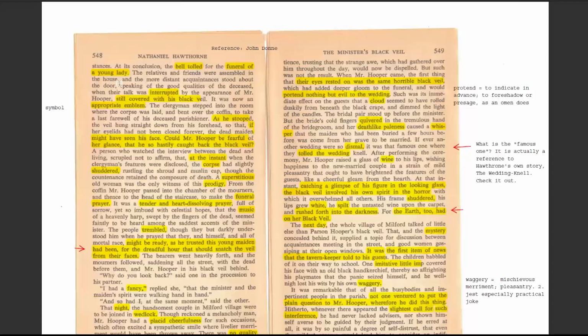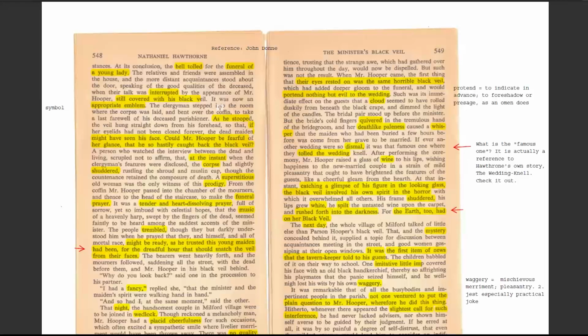The relatives and friends assembled, right? And more distant acquaintances stood at the door, blah, blah, blah. It was interrupted by the appearance of Hooper, who still covered with his black veil. It was now an appropriate emblem. Why? Because it's a funeral. She's passed away. It's a black veil. It's right. People wore black at funerals.